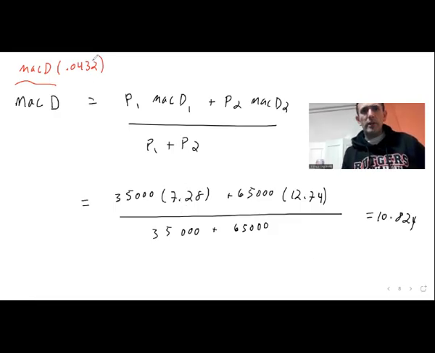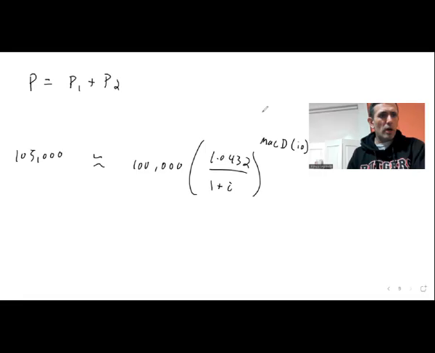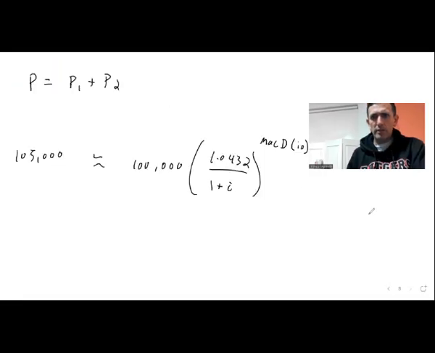So, just to be clear, this did not come into the calculations here, because we're given the price and Macaulay duration for both of these bonds at this yield rate. There's no need to do any specific bond calculations involving Macaulay duration. Okay. So, we calculate this to be 10.824%.